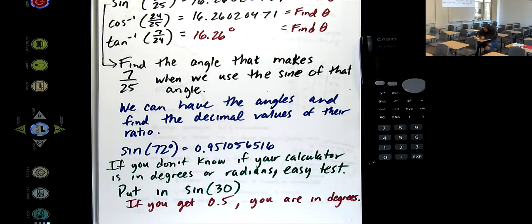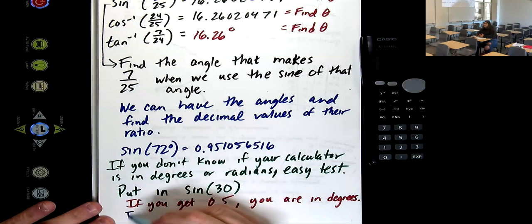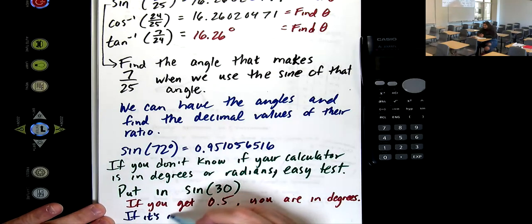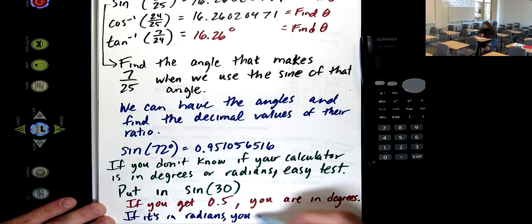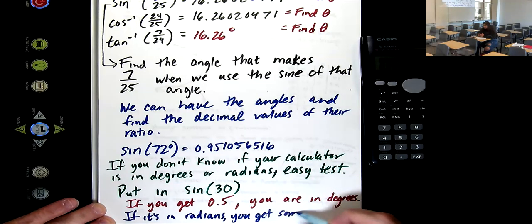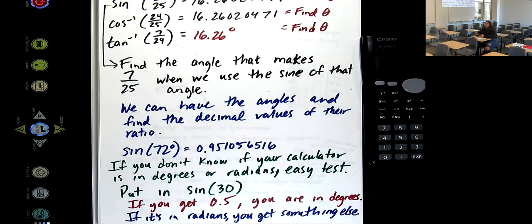That's an easy test. Because if it's in radians, it won't give it to you. Yep, 0.5.